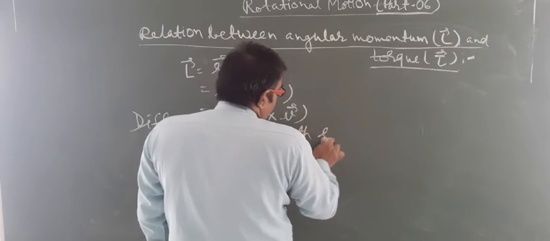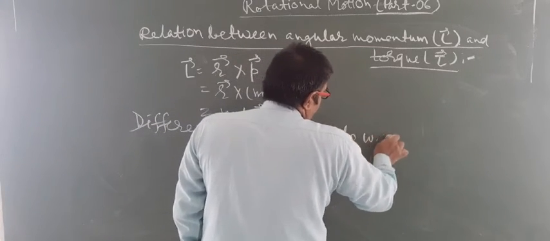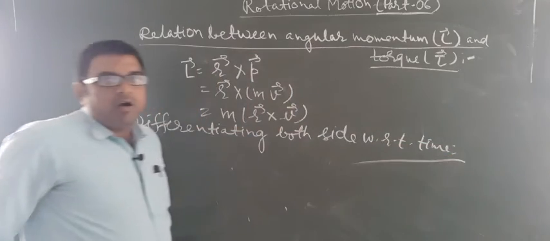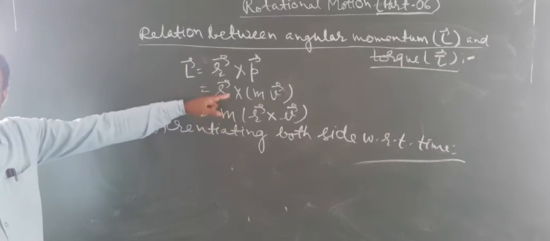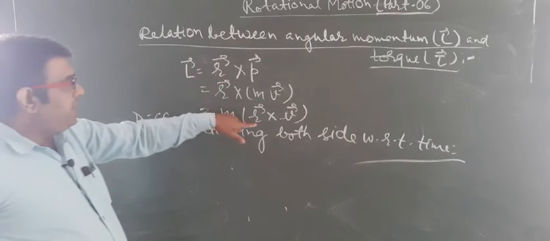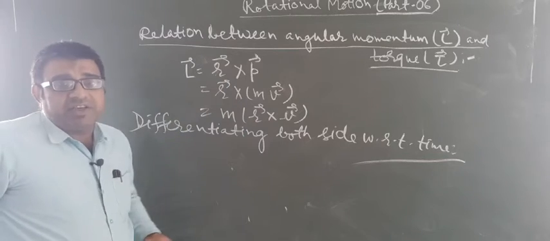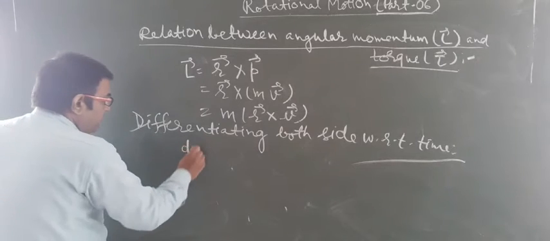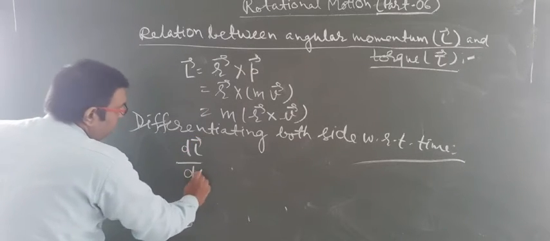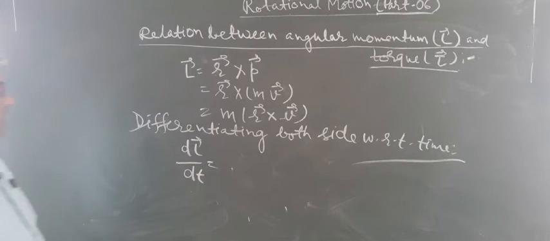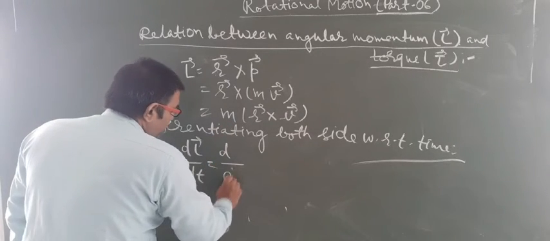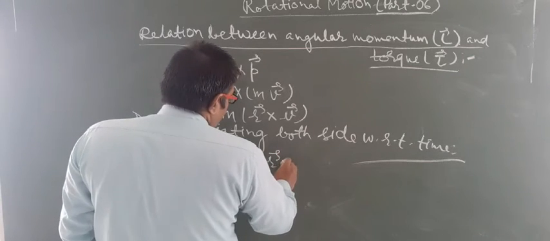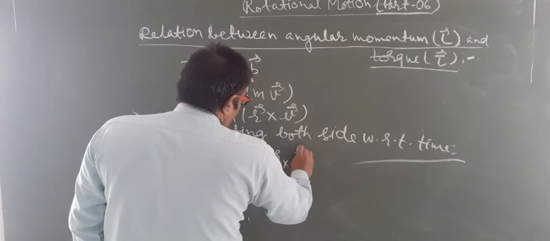On differentiating the angular momentum with respect to time, we get dL upon dt, and here also we differentiate m r cross v vector.